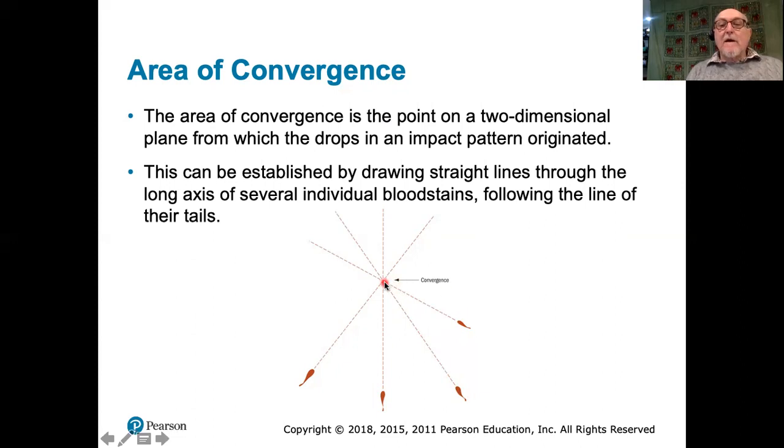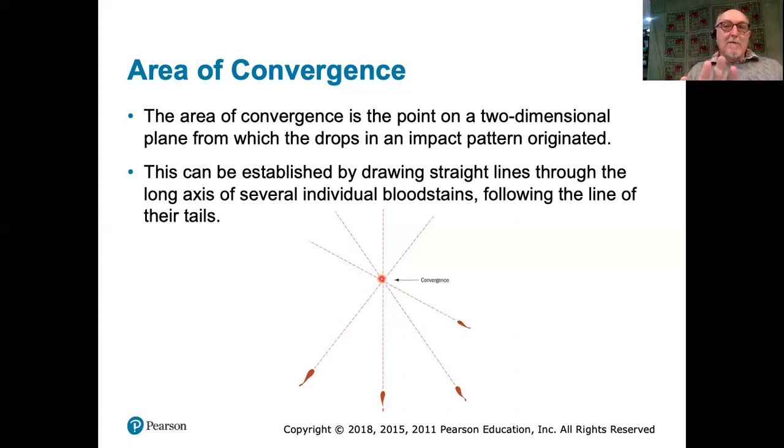So this area of convergence, this point on the flat surface, our source of blood is somewhere between the flat surface and us at right angles. I'm gesturing towards my screen. It's somewhere between that convergence and the outside, at right angles, almost. It's not absolutely so, but more or less at right angles to that point of convergence.